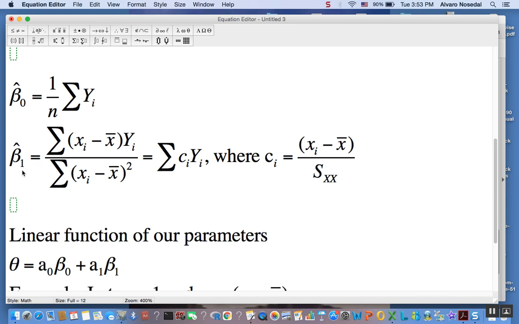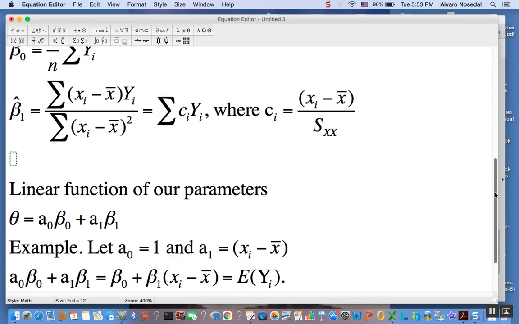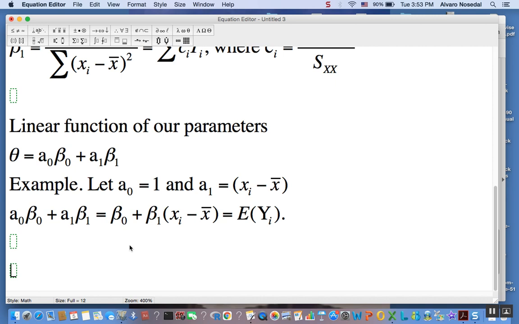And by the invariance property of maximum likelihood estimators, we know that if we want to estimate a function of a parameter, we can just apply that function to the maximum likelihood estimator.